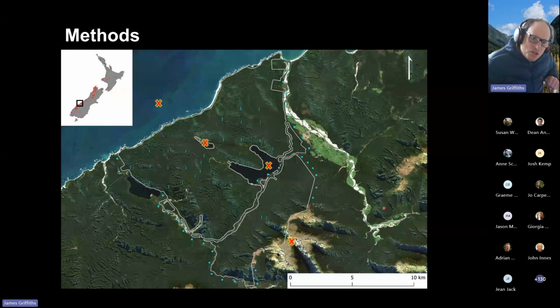So this map shows tracking tunnels in blue, these north-south facing little blue lines. And then there are a series of crosses that indicate places from which we don't think rodents could immigrate from.